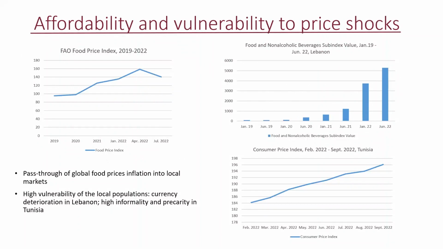Now, turning to affordability and vulnerability to price shocks. As you can see here on the graph to the left, we have witnessed globally an inflation in food prices because of COVID supply chain issues, followed by the Russian invasion of Ukraine and the bottlenecks around production, and an increased cost of transportation.